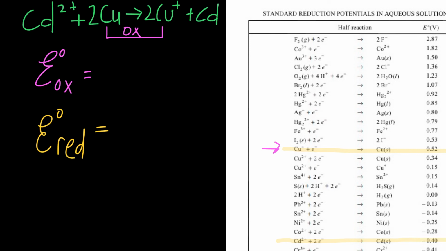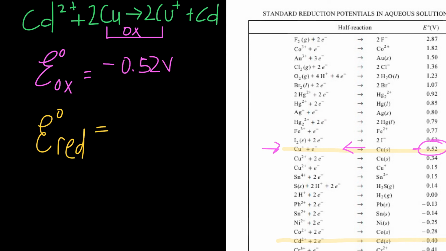So the reaction tells you what's oxidized. So the fact that this is oxidized means we're going to make this a negative 0.52 volts, and this arrow will be going in the opposite direction. So negative 0.52 volts is our oxidation potential.